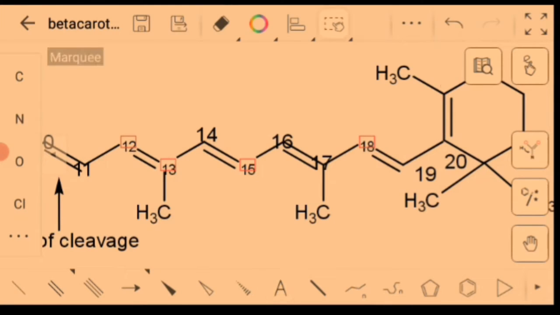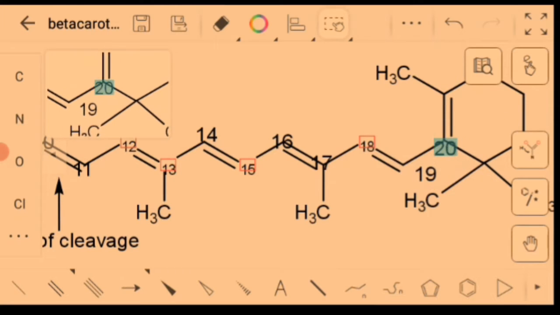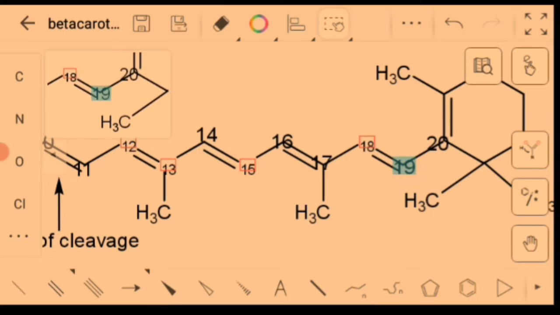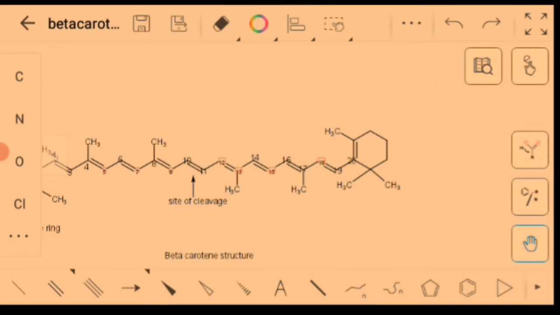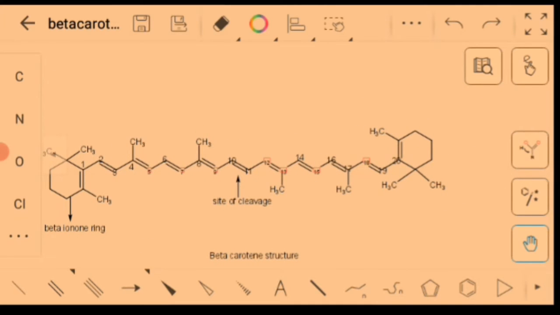So this is our 20 here, carbon 20, this is our 19. So here you go. So these are the carbons 1 to 20, as I had earlier told you.